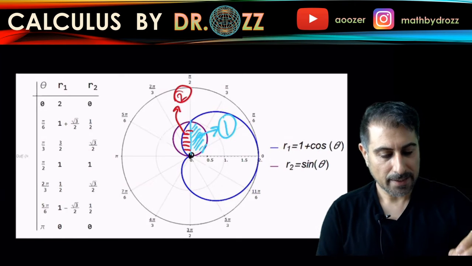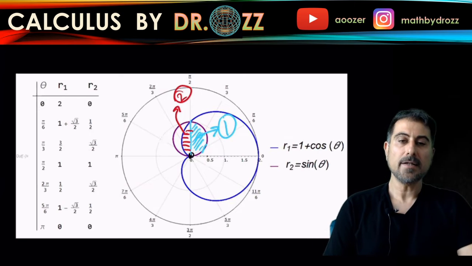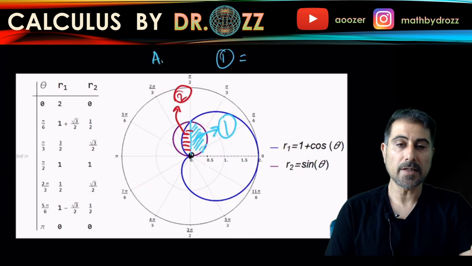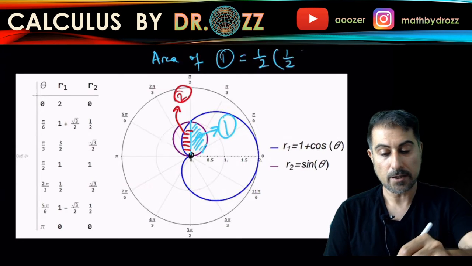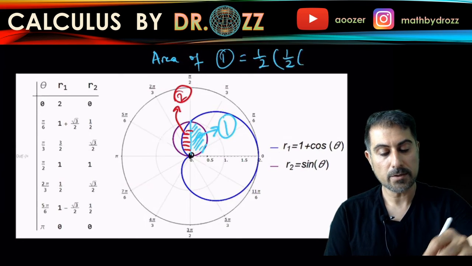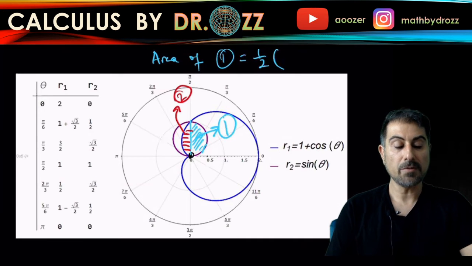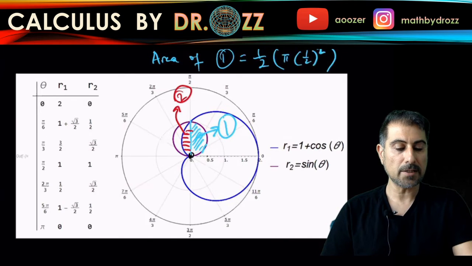I can right away tell you that region 1 has an area that is 1/2 of the area of the circle. So it's 1/2 times pi times 1/2 squared. I don't even need to go through this integration business to find this area. It's pi over 8, in fact.